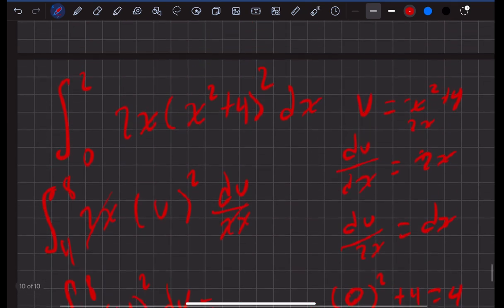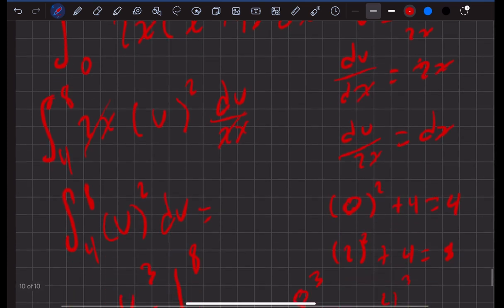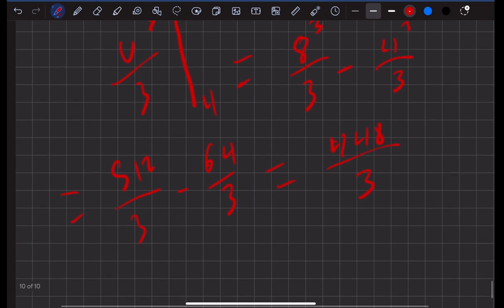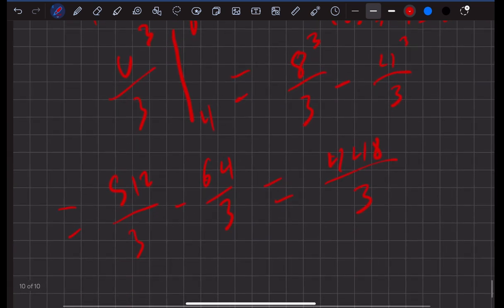So finding this definite integral, having bounds on our integral, we were able to get an actual answer and solve for it using the u sub method. The final answer is 448 over 3.